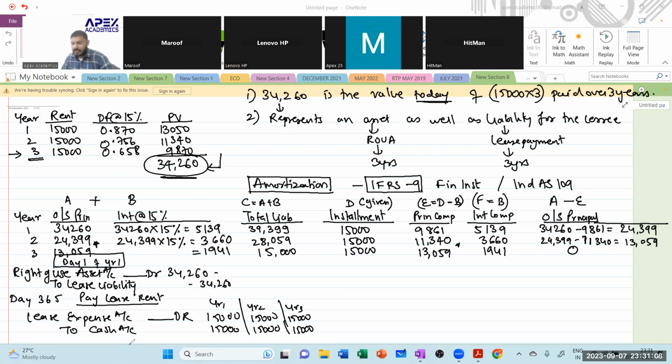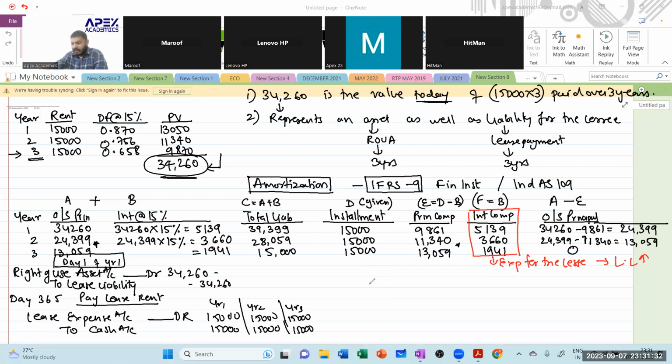What comes next is this interest that I am taking into consideration. It has to be recognized as an expense for the lessee. This expense results in the lease liability increasing. So what is the entry that you will pass?